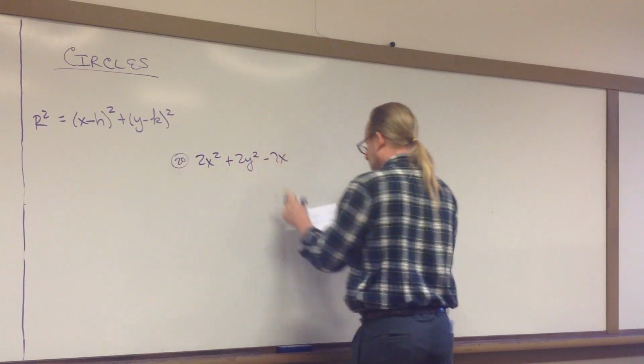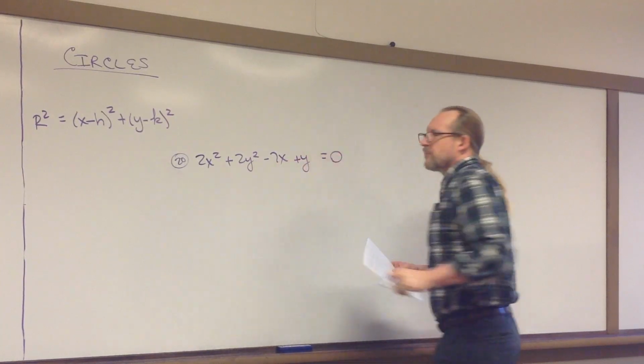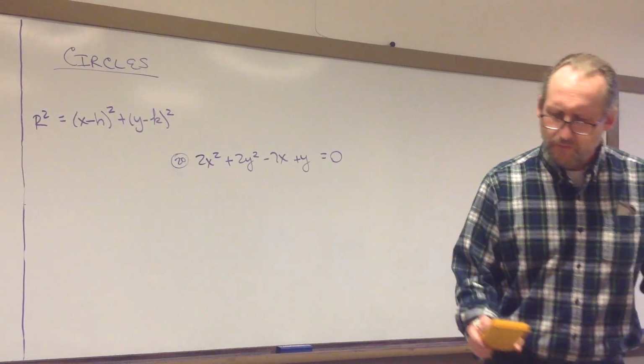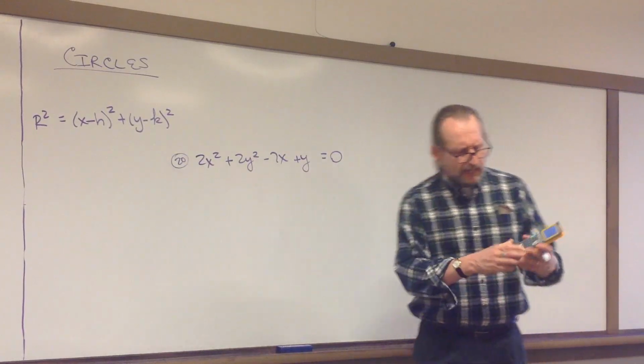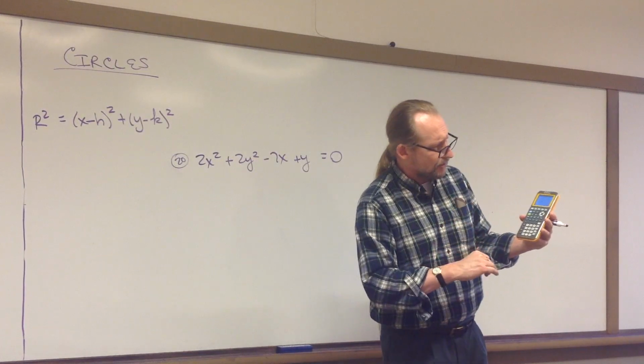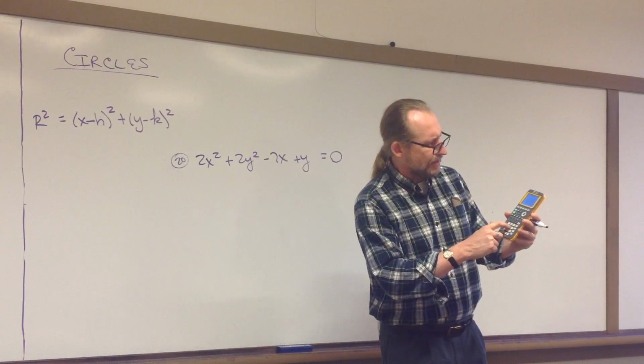Okay, minus 7x plus y equals 0. And one of the things that is really useful in doing that is on the graphing calculator, this button down here, the STO key, will store values. So like if I had a long decimal, it was 1.5625.